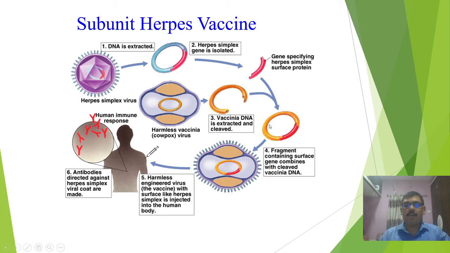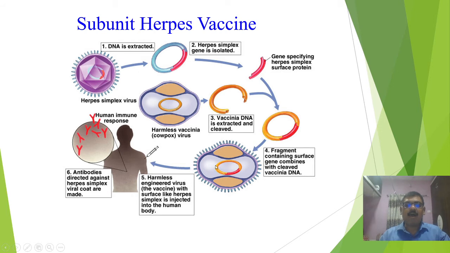This recombinant DNA molecule is in a harmless vaccinia virus that has no surface antigen. When you add this recombinant DNA molecule, the fragment containing the surface gene combines with the cleaved vaccinia virus, and you can observe these surface antigens present on the vaccinia virus.